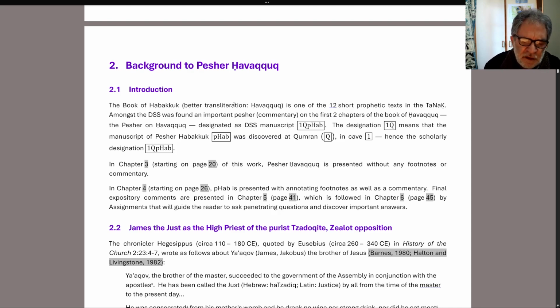I believe it is necessary to follow in the footsteps of Professor Robert Eisenman, and start with looking at the person of Yaakov HaTzadik, James the Just, as the opposition high priest of a purist Sadducean zealot opposition in ancient Israel in the late Second Temple period.